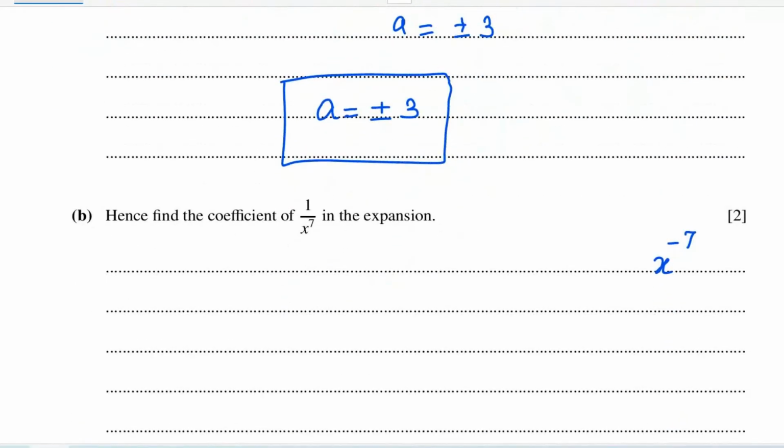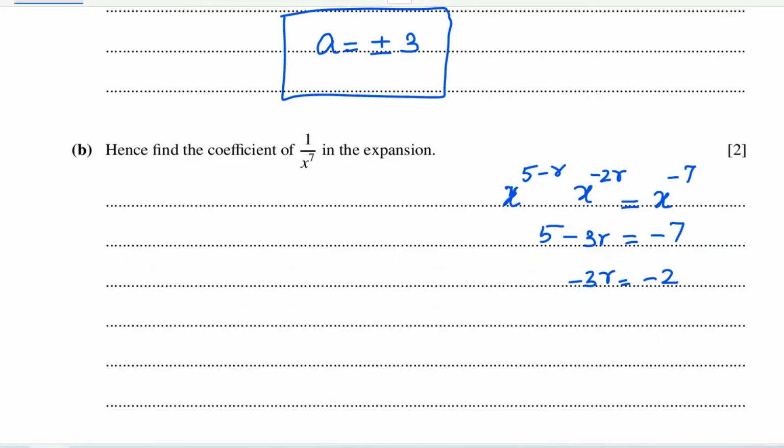So the rth term is x power 5 minus r multiplied by x power minus 2r, which is equal to x power minus 7. So 5 minus 3r equals -7. So -3r equals -12. So r will be 4.